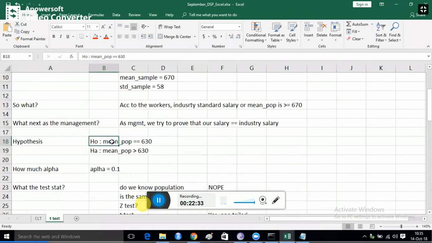So we are just trying to prove, in my terms, 630 is something which everyone receives. This is in my view, because I would also have done a research, isn't it? So my research says 630 is the population mean. So I'm just checking what is the actual population mean. Is it equal to whatever I'm claiming at 630? But anyways, I'll come to this example. Give me a moment.